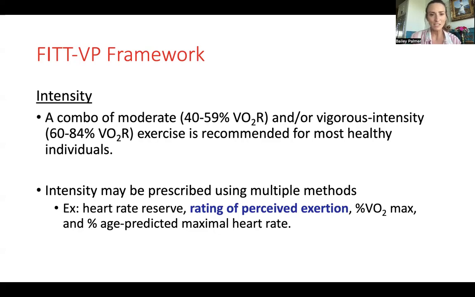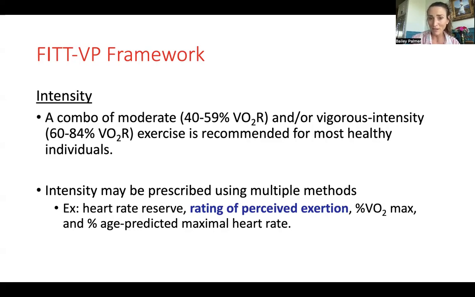All these other measures are mainly for exercise scientists to use during research, where we can get someone's VO2 reserve and take percentages of it, get their heart rate reserve, or get their VO2 max and take percentages of it. But again, I find that difficult for the average person to measure.